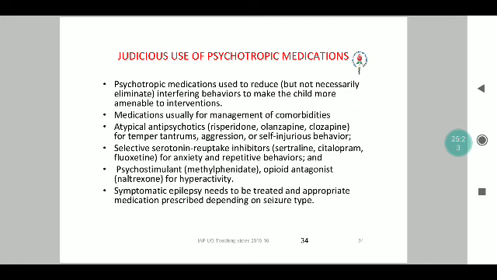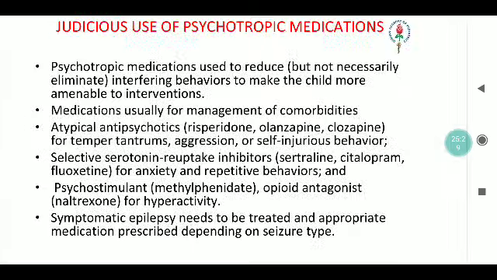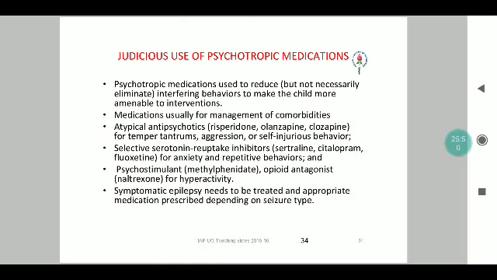Now, as far as the psychotropic medications are concerned, as far as possible, we should keep it to a minimum and avoid it if totally possible. If required, there are atypical antipsychotics which can be given at various spectrum, and there are also SSRIs which can be given for anxiety and repetitive behaviors. Methylphenidate is a psychostimulant, and opioid antagonist naltrexone can be given for hyperactivity, and symptomatic epilepsy and seizures do need to be treated accordingly depending on the seizure type.